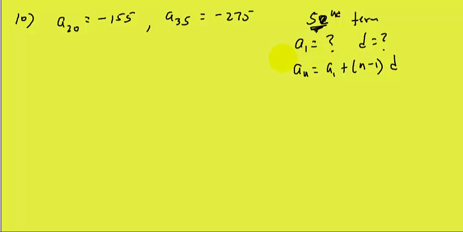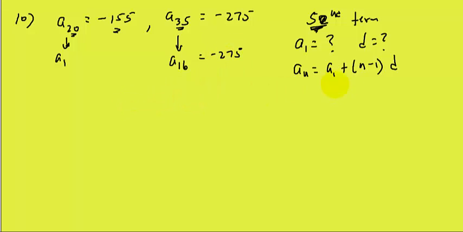Now, when you get something like this, you have to just treat a sub 20 as a first term. And then from 20 to 35, this will be the 16th term. So if you count 20, 21, 22, 23, 24, all the way to 35, this would be a sub 16, which is equal to negative 275.